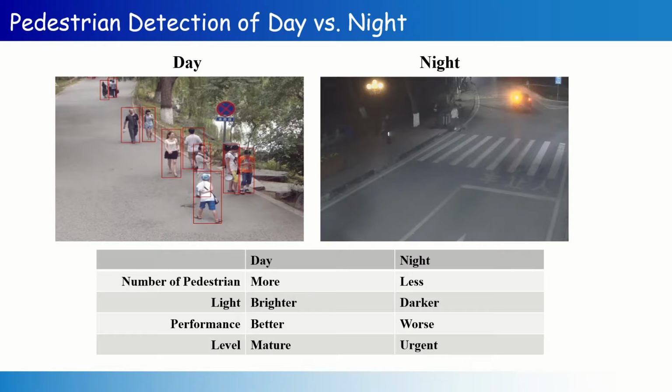In terms of light distribution, the light of the daytime scene image is brighter, but it is darker at night. In terms of performance, the performance of the daytime scene is higher, but the performance of the night scene is worse. At the emergency level, pedestrian detection in daytime scenes is more mature, and pedestrian detection in night scenes is more urgent.